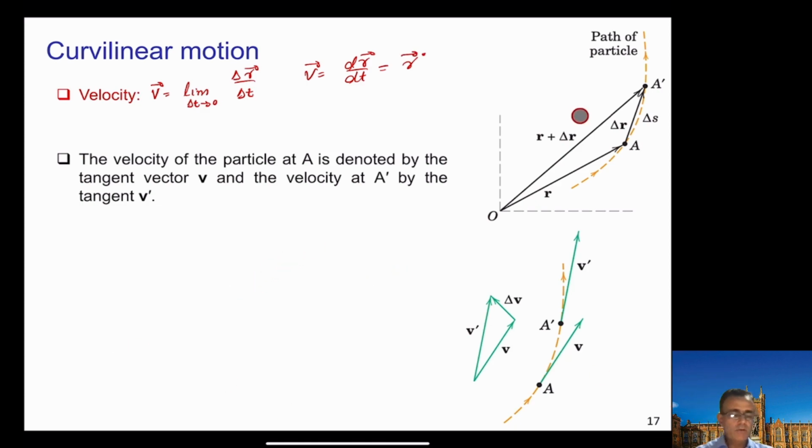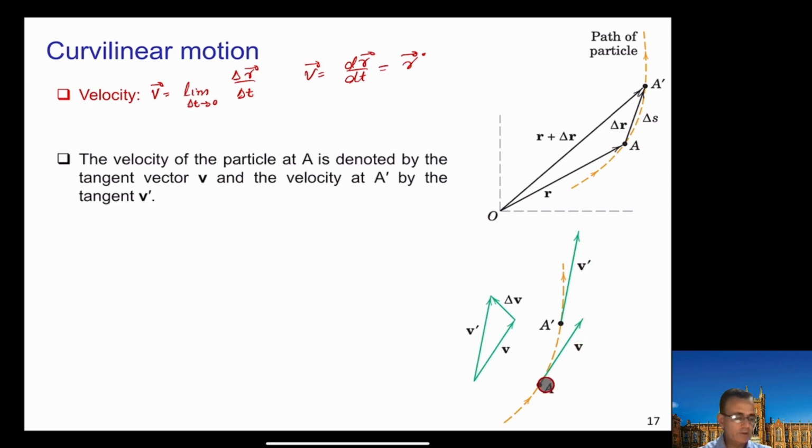Again, you can also see in these figures, the velocity of a particle at A is denoted by the tangent vector v, and the velocity at A dash is represented by this velocity vector, which is v dash. And as you can see here, the velocities are vectors.